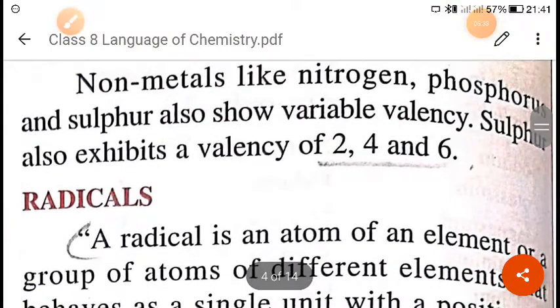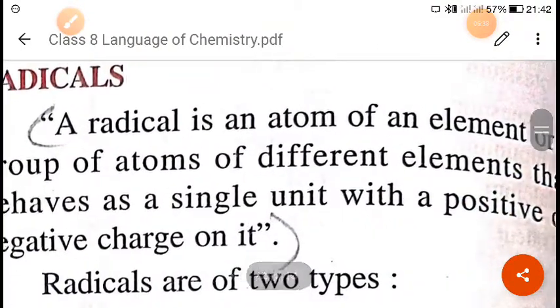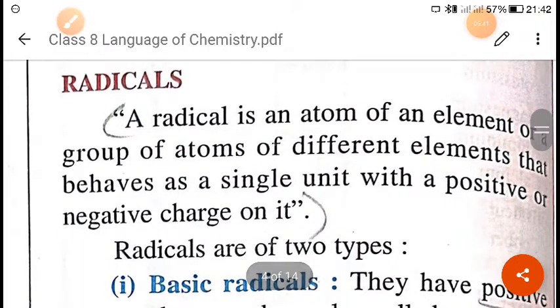Now we will see next about the radicals. So what is a radical? A radical is an atom of an element, or a group of atoms of different elements, that behaves as a single unit with either a positive or negative charge on it.